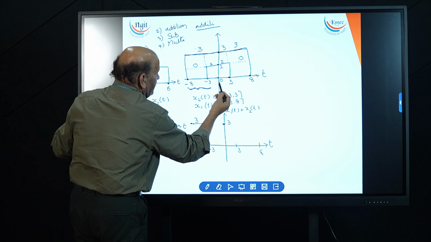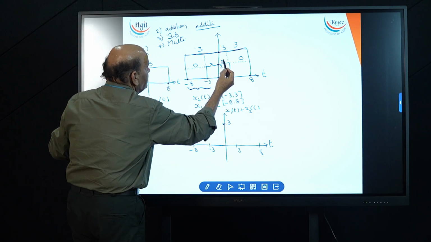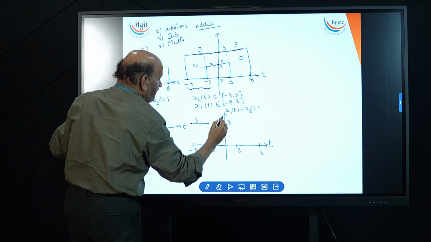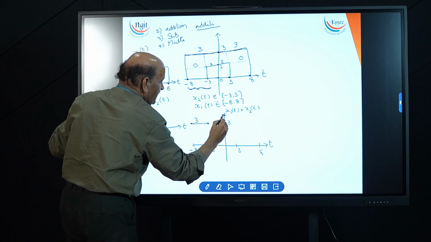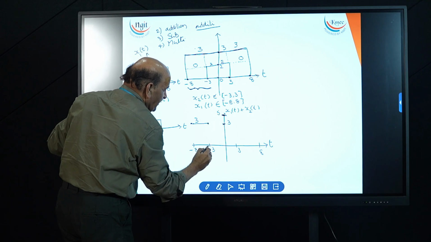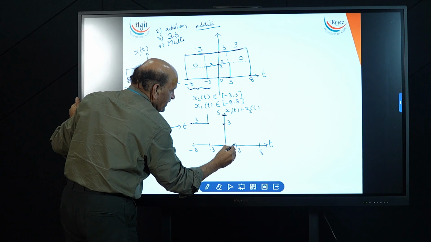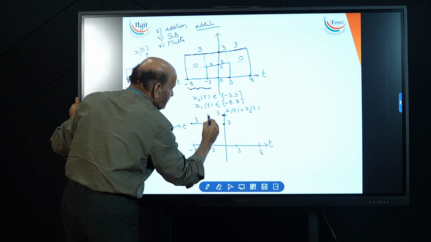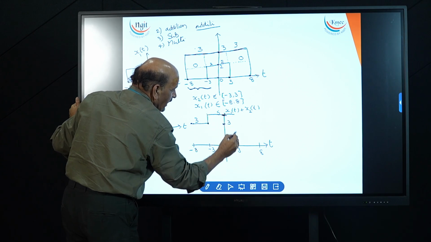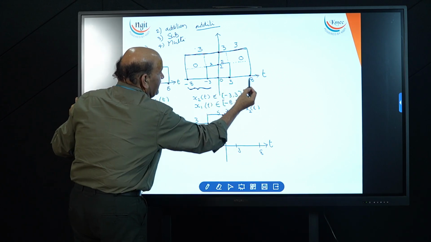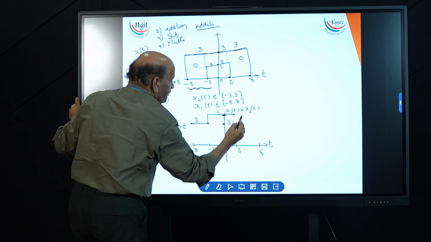Between -3 to 3, the amplitude 2 plus 3, how much? 5. Here it is 5. And between -3 to plus 3, the amplitude is equal to 5. Up to this one, amplitude is equal to 5. Between 3 to 8, the amplitude is 3 plus 0, 3.